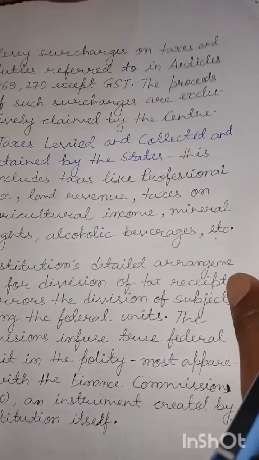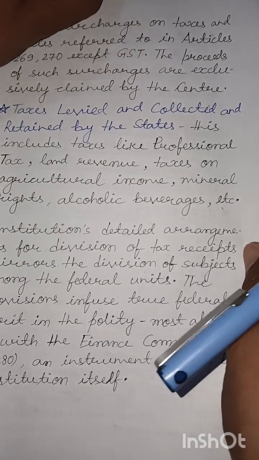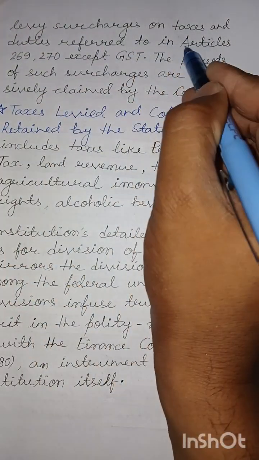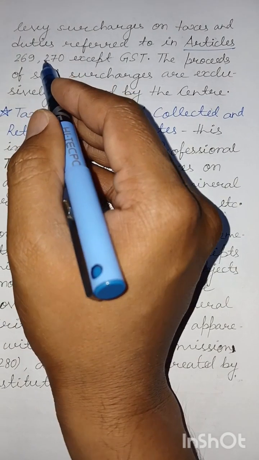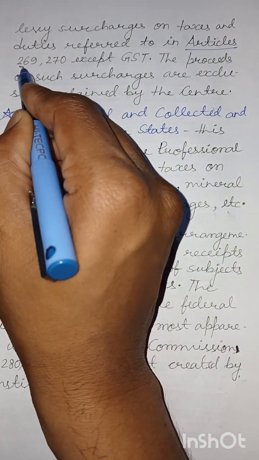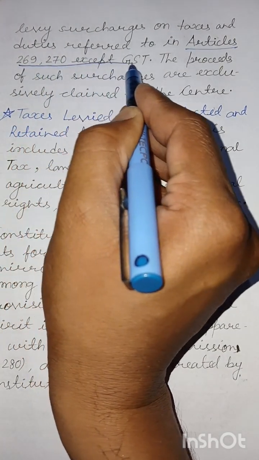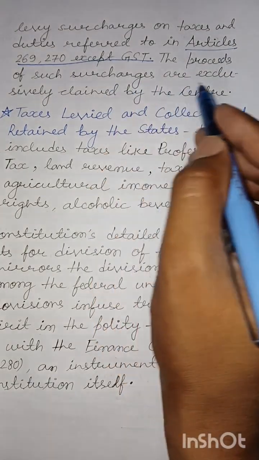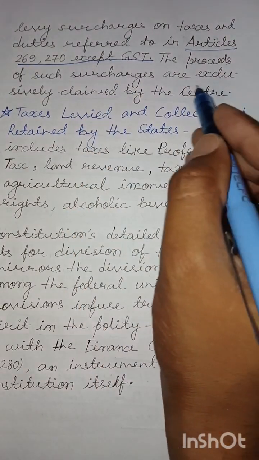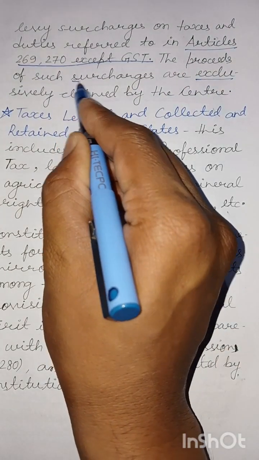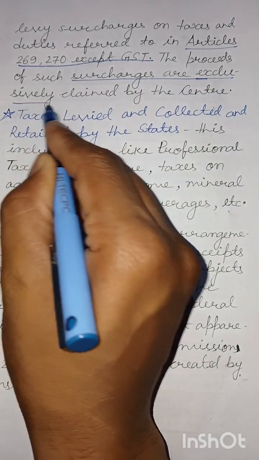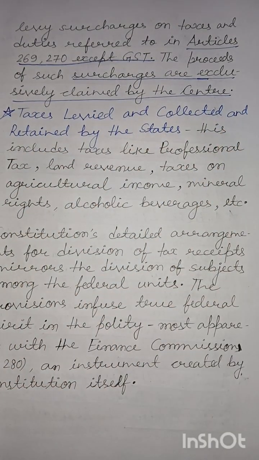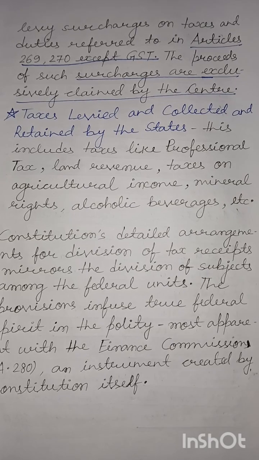Parliament can levy surcharges on taxes and duties referred to in Articles 269 and 270, except GST. The proceeds of such surcharges are exclusively claimed by the center. That is, the states do not have any claim on the surcharges.